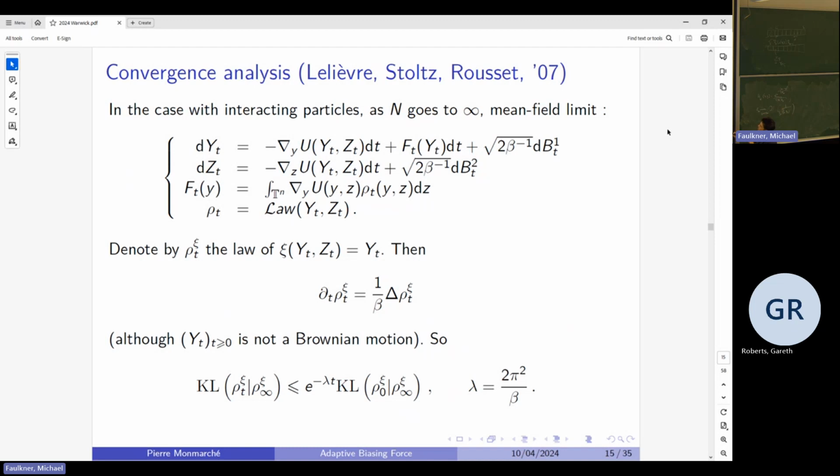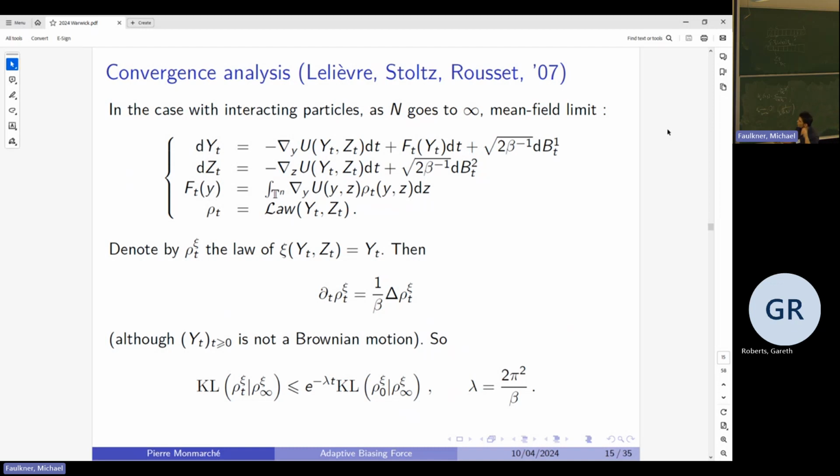There is a drift here, and the drift is not zero because this only depends on y, and this depends on z. So even if you had converged, even if the law of rho was the equilibrium somehow, this would be non-zero. So y is never a Brownian motion, but its law solves the same PDE as the Brownian motion.